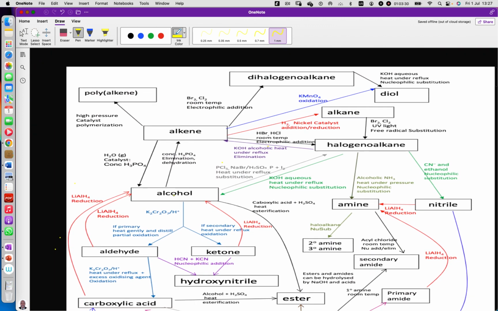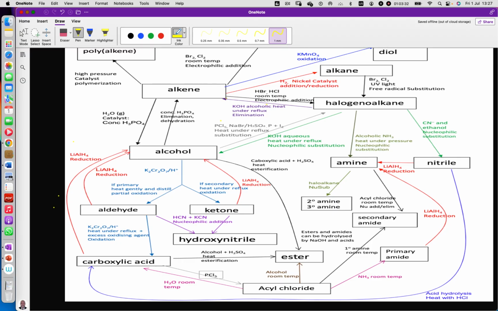Now again, aldehydes can undergo reduction back to primary alcohol. They can undergo reduction using lithium tetrahydroaluminate.